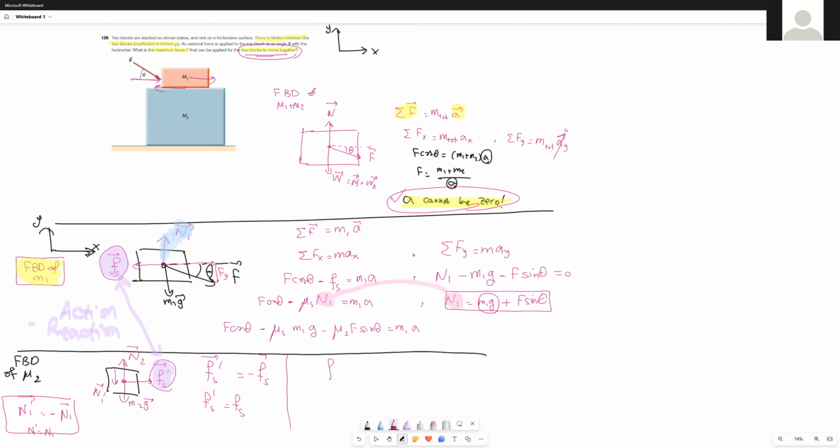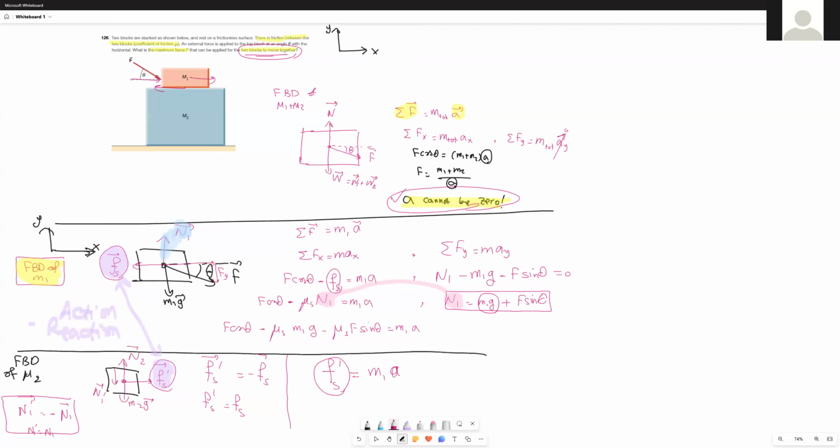On the x-axis, the only force acting on it is Fs prime. Fs prime is going to be equal to M1 times A. That's it. And this Fs prime, the magnitude of it is going to be exactly the magnitude of Fs. The magnitude of this and the magnitude of Fs are exactly the same.